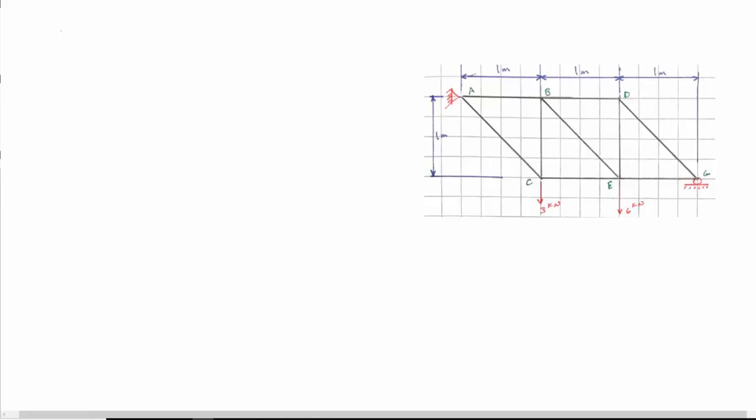Before we get going on that though, let's just talk about tension and compression. If I have two members and I yanked on it, pulled on it, like grabbing the two ends of your pencil and pulling, that would be in tension.